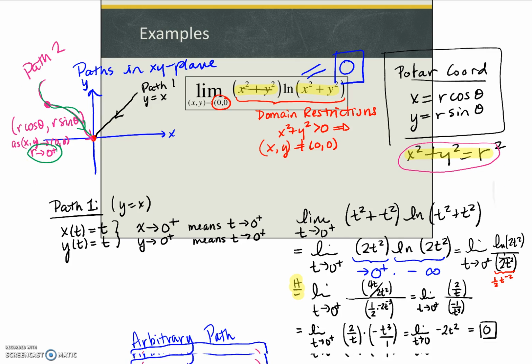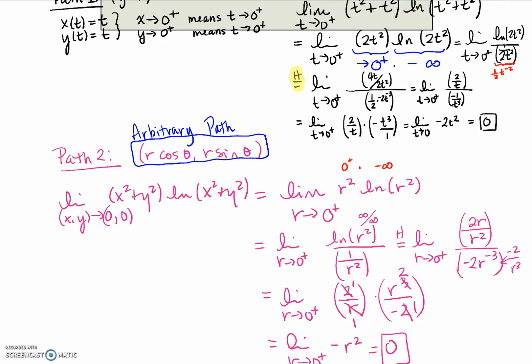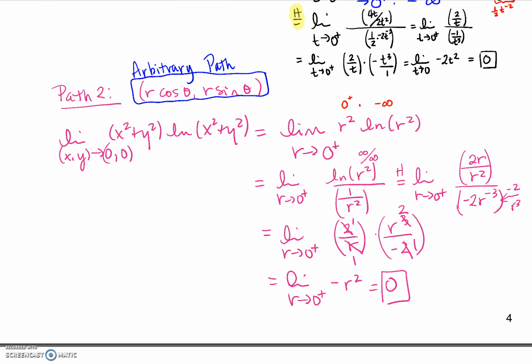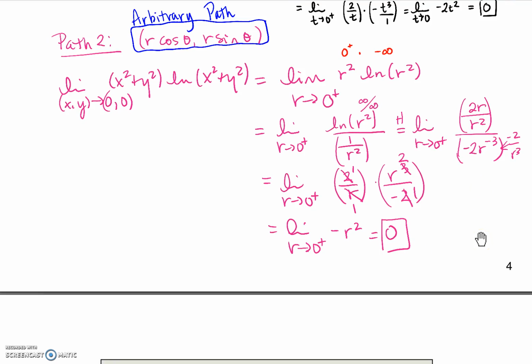Along the generic path, using the replacement of x to be r cosine theta and y to be r sine theta, we were able to establish through L'Hopital's rule that the limit is in fact always 0. Let's look at this next example.